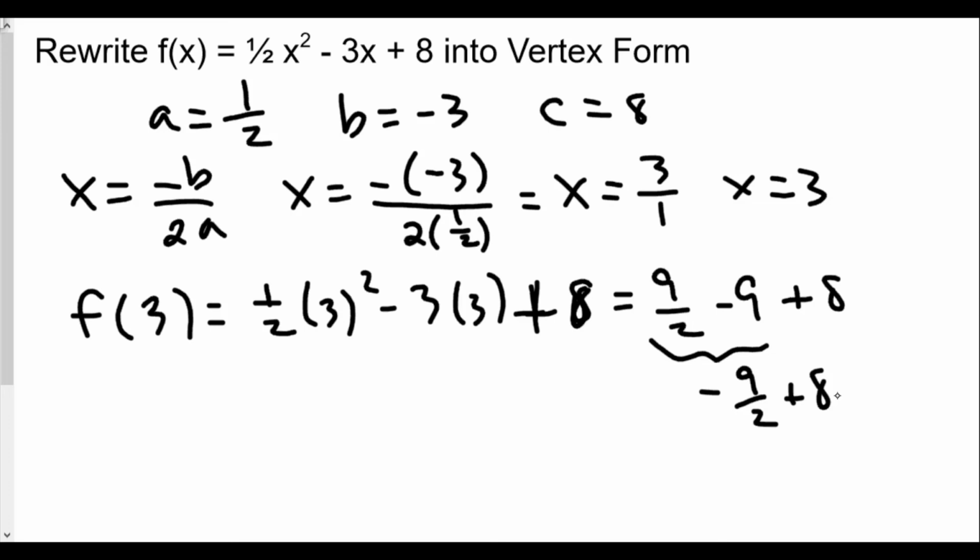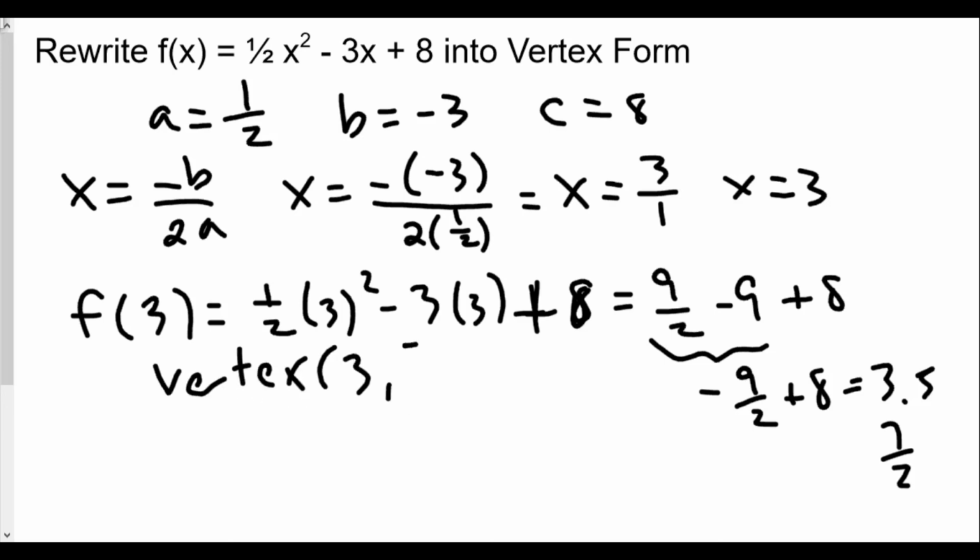Well, 9 over 2 is like negative 4.5, so this is the same thing as 3.5, or we say 7 over 2. Okay? So our vertex is going to be 3, 7 over 2, which means our h value is 3, our k value is 7 over 2.